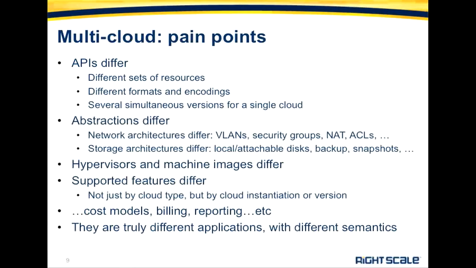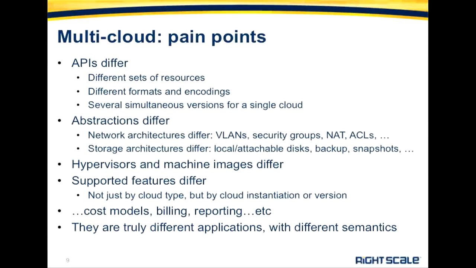Their abstractions differ. Networking abstractions could be really different from one cloud to another, like security groups in Amazon, and VLAN implementations from many of the other clouds that we're seeing. You could have load balancers or port forwarding, NATing, ACLs. It's quite different. Same thing for storage architectures.